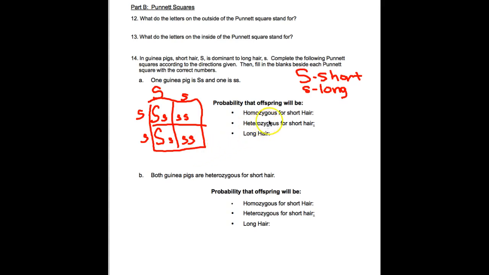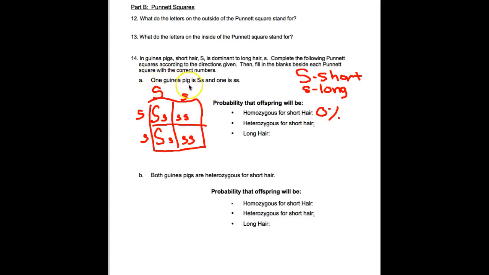We have homozygous for short, homo meaning same, so two capital S's. We have a 0% chance that an offspring of a parent that is homozygous long hair and a parent that is heterozygous will have an offspring that is going to be homozygous for short hair.